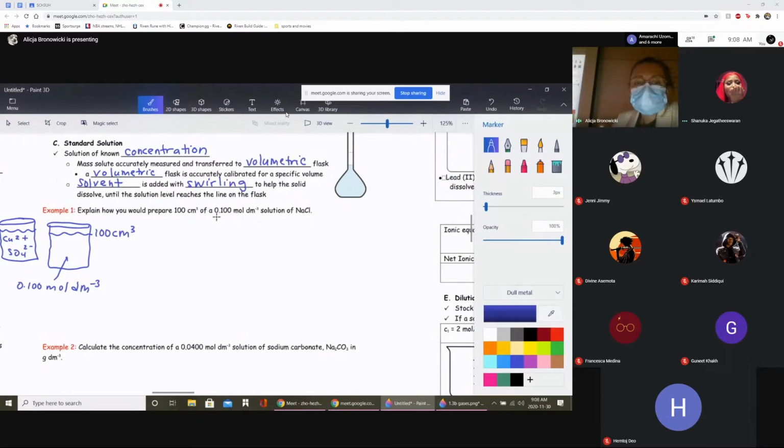So for a concentration, you need to weigh out some amount of sodium chloride and put it into your solution. So let's see how much sodium chloride we'd have to weigh out.